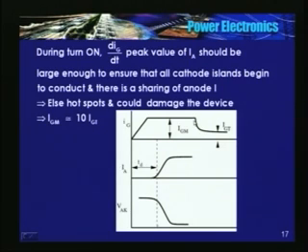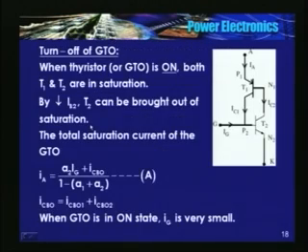So after some time you can reduce the gate current to IGT. This value is approximately 10% of this peak value. Okay. So that is about the turn on of the GTO.